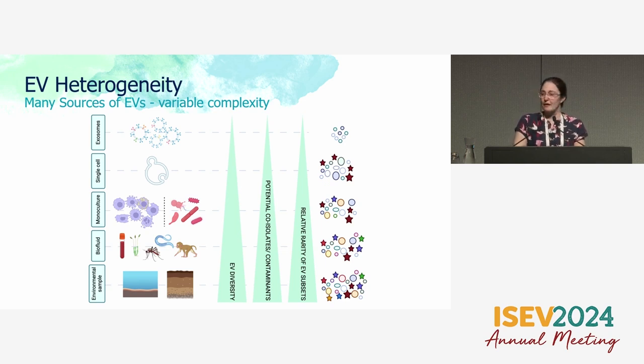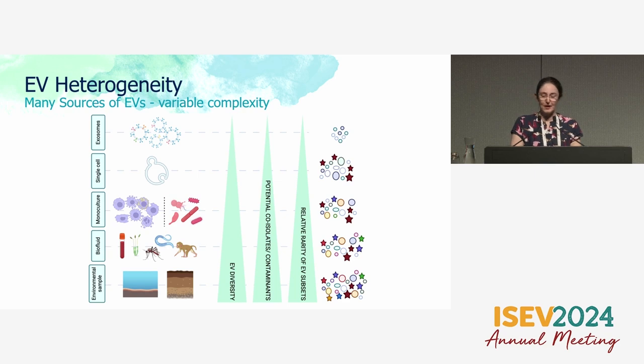What we have in there is a complexity of the cells of origin, a huge number of cells of origin. We also have cells in very different states and different growth conditions, so again, another layer of complexity to the vesicles and extracellular particles that are released. And then finally, this is the challenge.